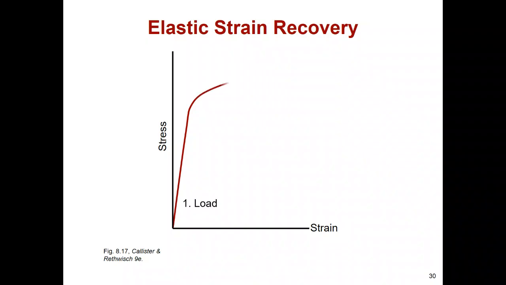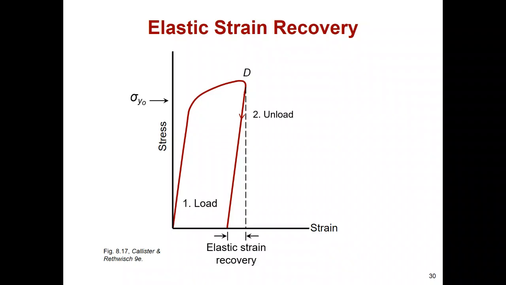So we can also discuss the elastic strain recovery. First, in the loading, stress is linearly proportional up to the yield strength. After reaching the maximum stress, during the plastic deformation, and then when you're unloading, they recover slightly.